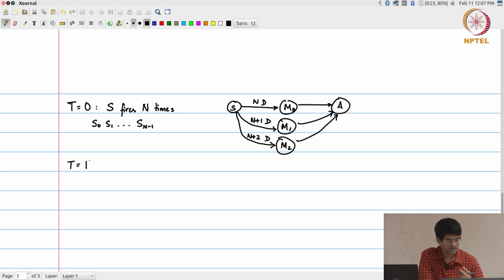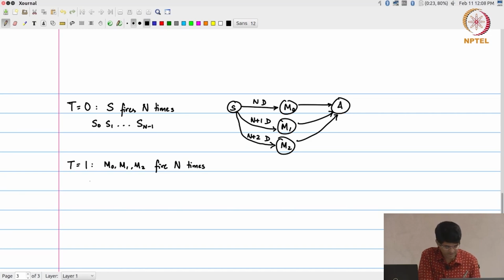M1 can fire n plus 1 times, M2 can fire n plus 2 times, but I am going to assume instead that all three of them, M0, M1 and M2, fire n times.